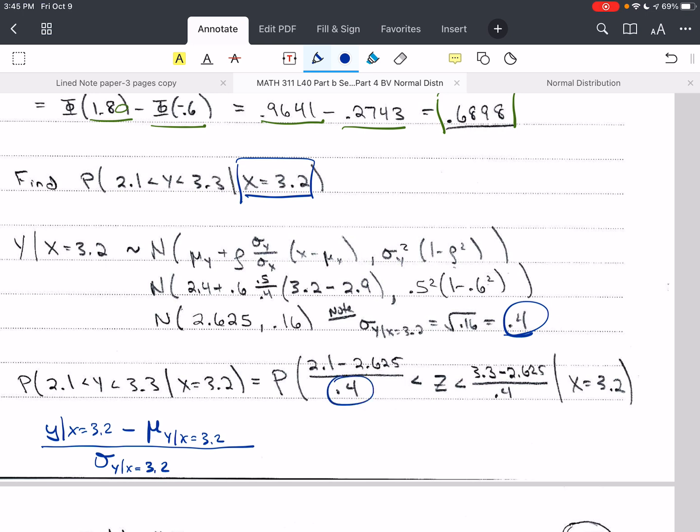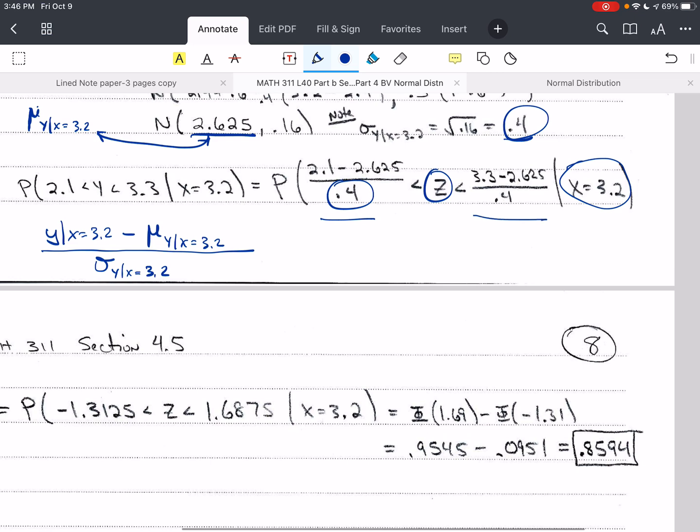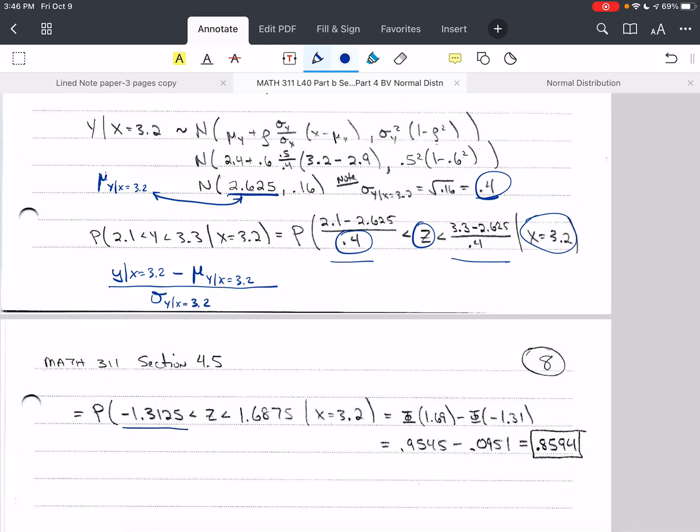That goes on the bottom. And then our mu is mu of y given x equals 3.2. So we plug that in, 2.1 minus that, divided by 0.4, and then 3.3 minus 2.625, divided by 0.4. Again, keep this at this point. Solve for these two numbers, and you're going to get negative 1.3125 and 1.6875.